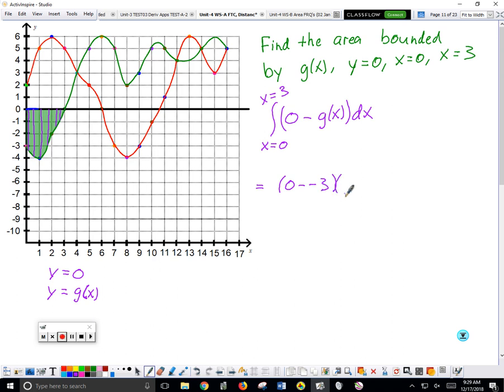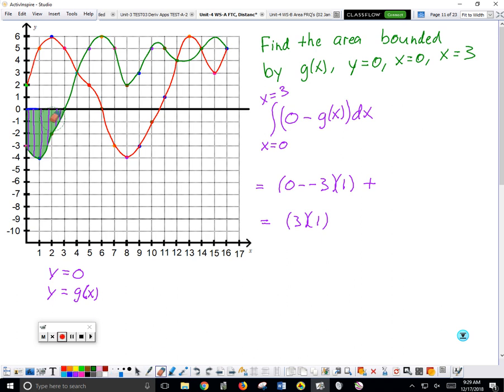And then multiply that by dx, which in this case is 1. So the purpose of the 0 subtract is to take care of the whole problem where all of these g values are negative. 0 subtract fixes that, because 0 subtract -3 is +3. And I'm able to find the area here.